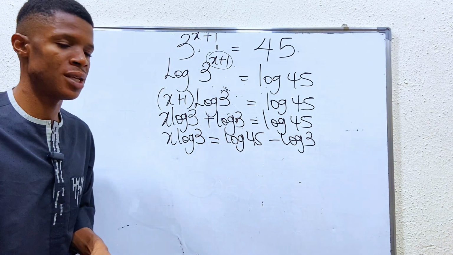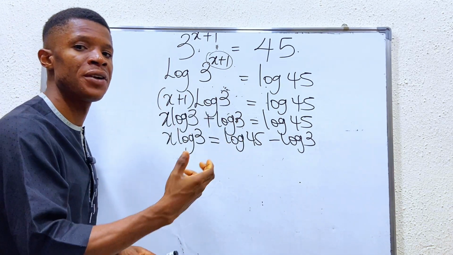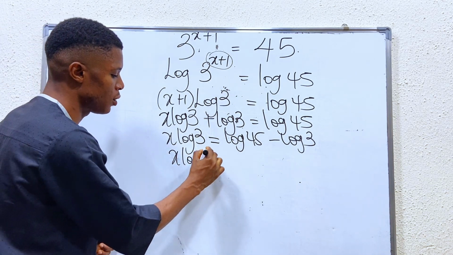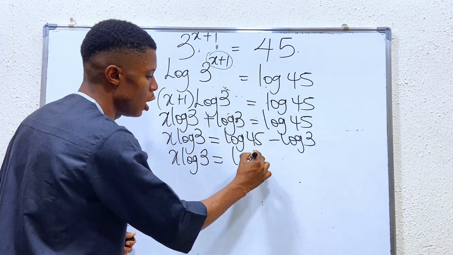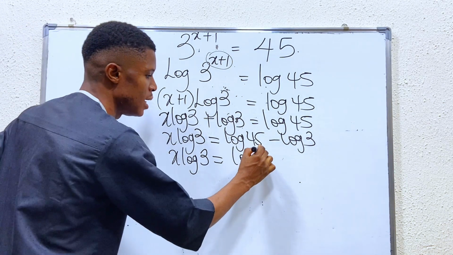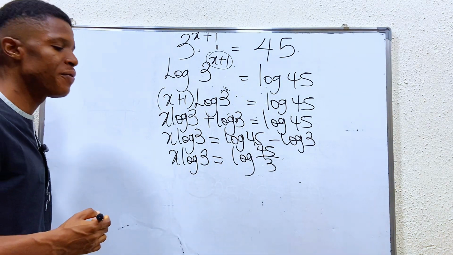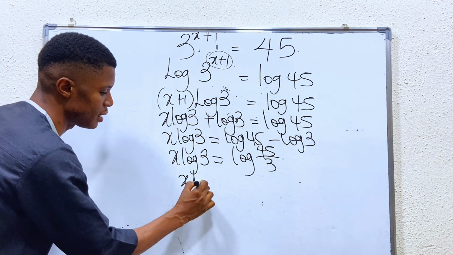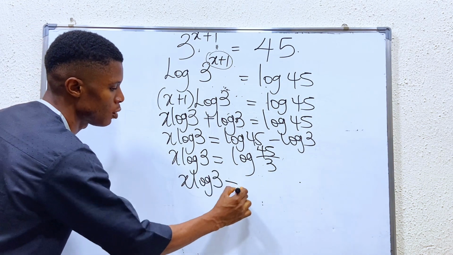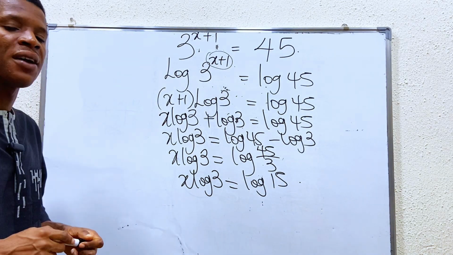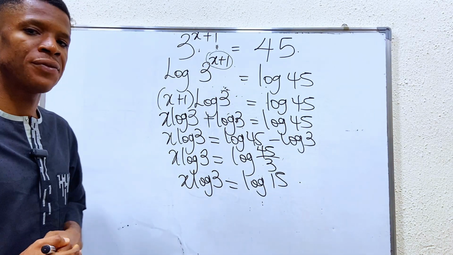So you are free to divide the numbers. You can have x log 3 is equal to log, keeping the base the same, of 45 divided by 3. And 45 divided by 3 is 15, so x log 3 is equal to log 15.